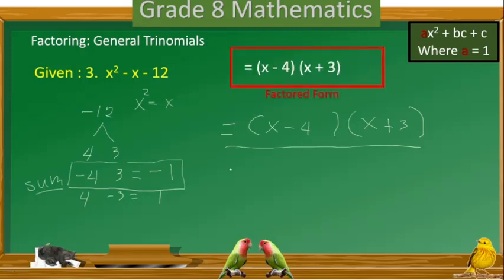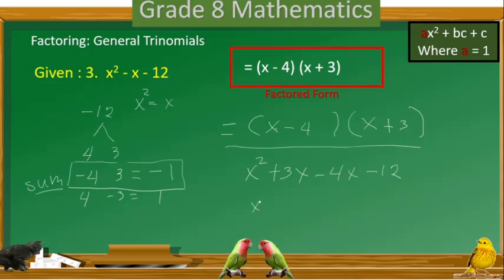Next, we will check if this answer is correct. x times x, that is x squared. x times 3, that is positive 3x, then negative 4 times x, that is negative 4x, and negative 4 times 3, that is negative 12.